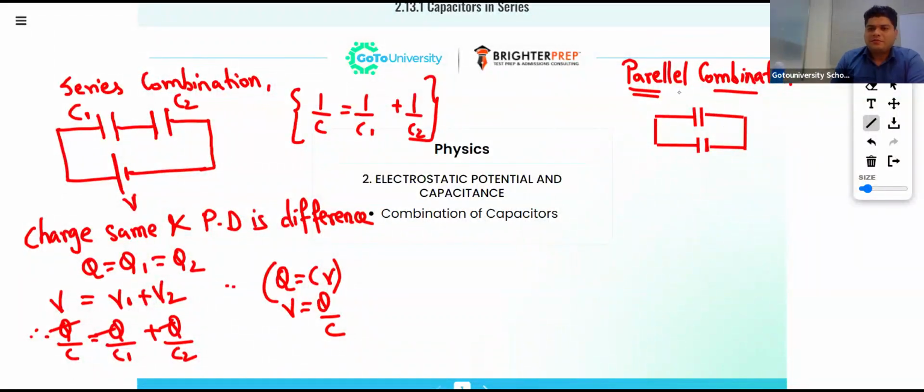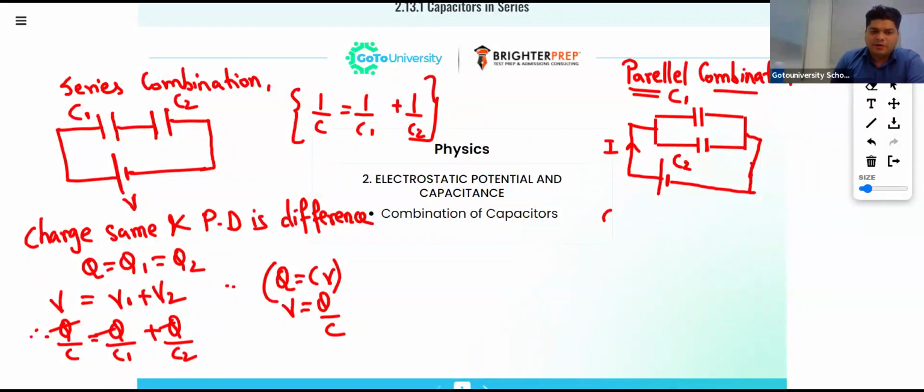Okay, this is your capacitor C1, this is C2, and this is connected to external voltage. Here current I is flowing, connected to external voltage.